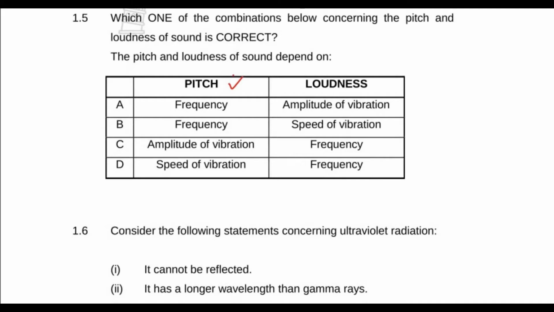In this column, we have loudness. So the pitch A, frequency, amplitude of vibration. B, frequency, speed of vibration. C, amplitude of vibration, frequency. D, speed of vibration, frequency. And again, elimination.